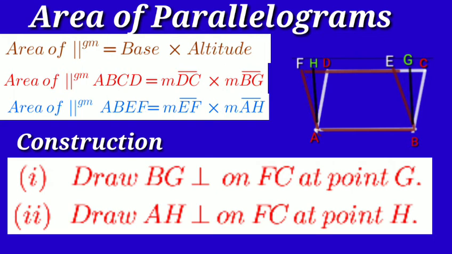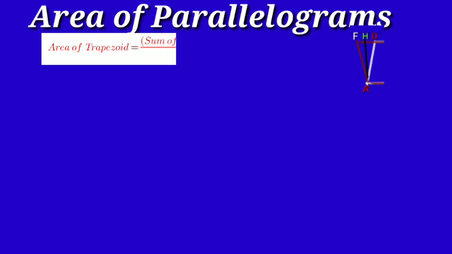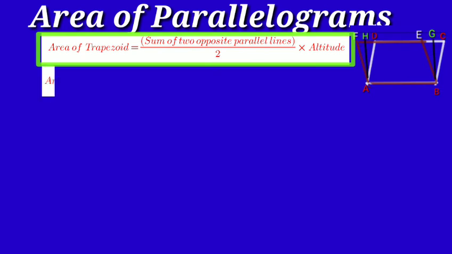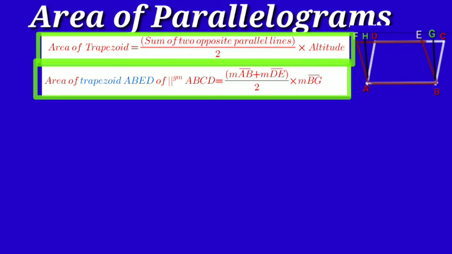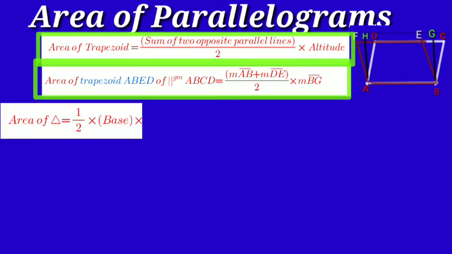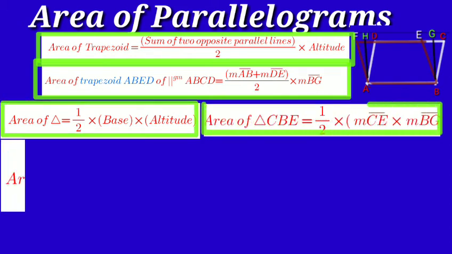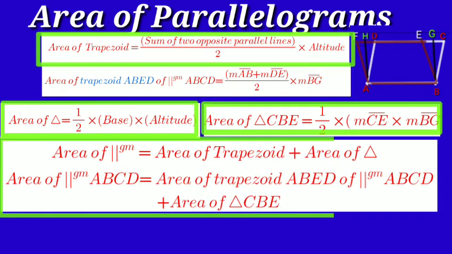Another formula for the area of a parallelogram is base multiplied by altitude. If we draw a perpendicular on FC at point G and also draw another perpendicular on FC at point H, then area of trapezium is the sum of two parallel sides divided by 2 multiplied by altitude, and area of triangle is base multiplied by altitude divided by 2.